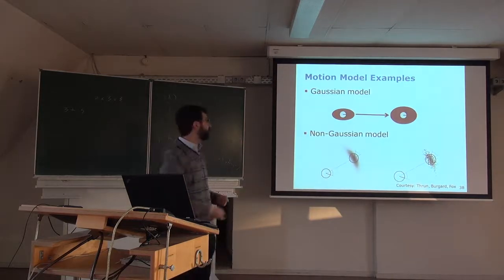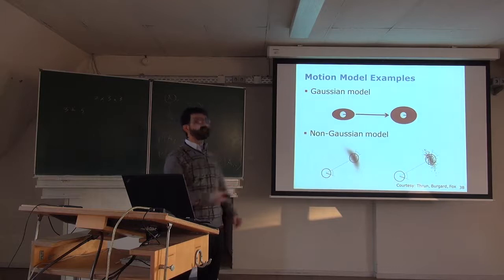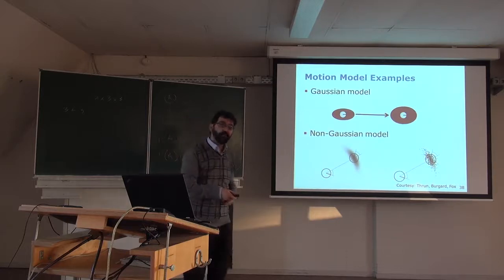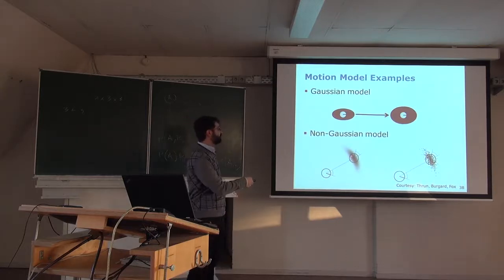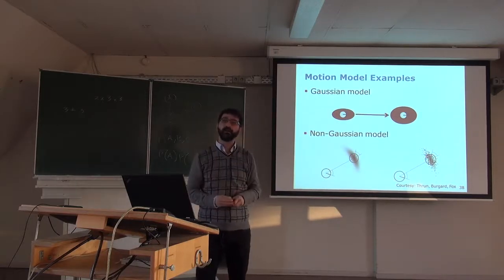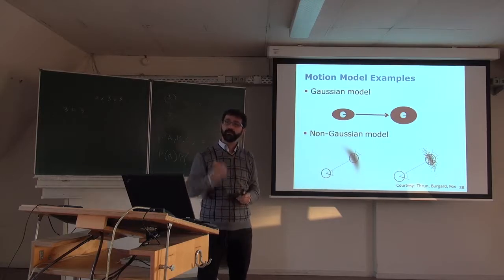And since at the end we are interested in knowing the likelihood, the probability of the pose being in a certain area, we can either sum everything up in a certain area here, or we can just count the number of dots in a certain area, and this gives us an idea of the probability of the robot being there. Okay.